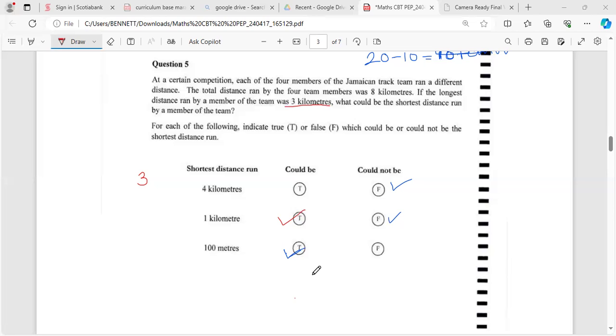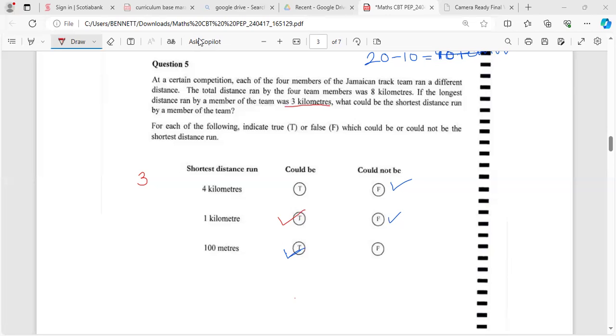I don't understand what is this. This answer, sir, could not be. Sorry, sir. It's kind of noisy in my place. Just give me T and F or whatever, because I'm not getting it. For 4 kilometers, could it be or could not be? Sir, could not. Yes, they could not, sir.